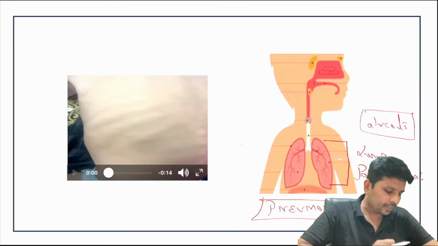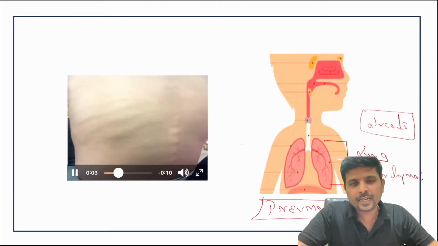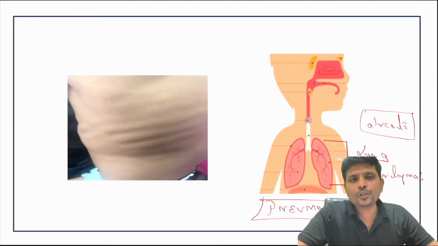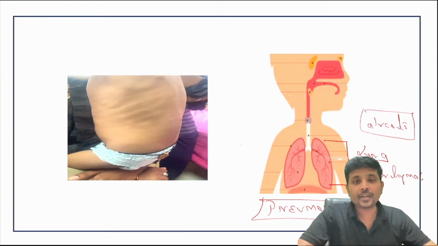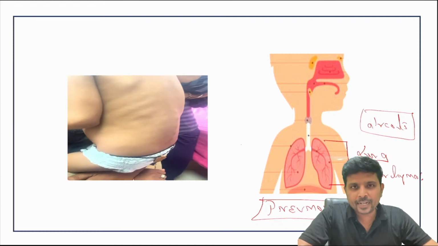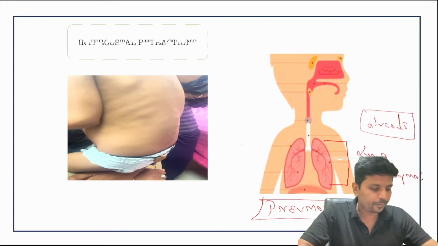And finally, intercostal retractions indicate that the pathology is in the lung parenchyma. The most common cause is consolidation or community acquired pneumonia. The presentation is fever along with chest indrawing or intercostal retractions.